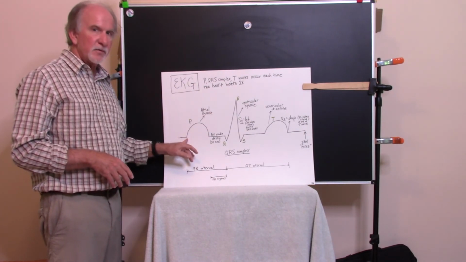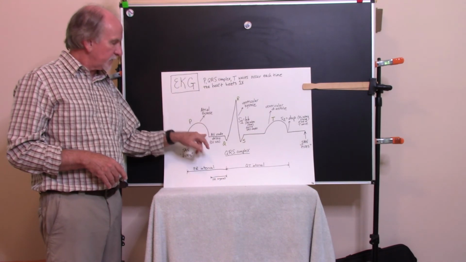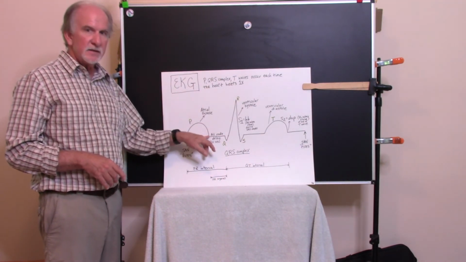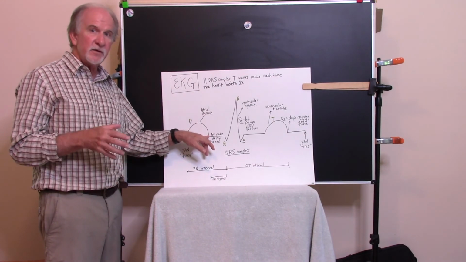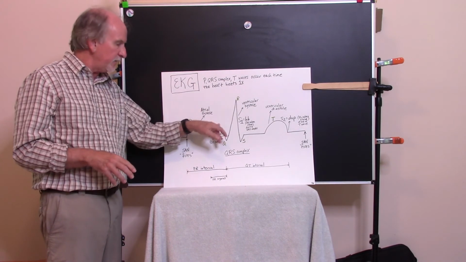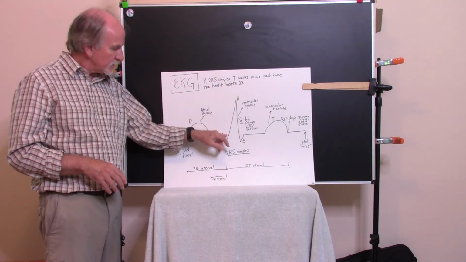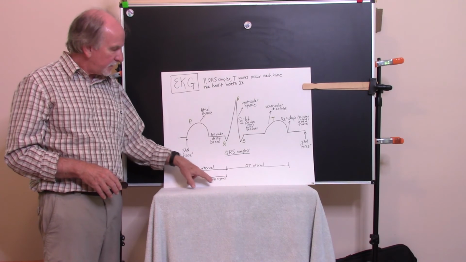Once the cardiac impulse spreads across the atria, it goes through the AV node. And the spread of the impulse through the AV node slows down. That's the AV node delay. And the AV node delay is also shown by the PR segment.